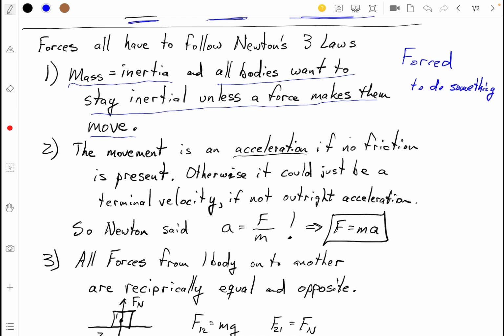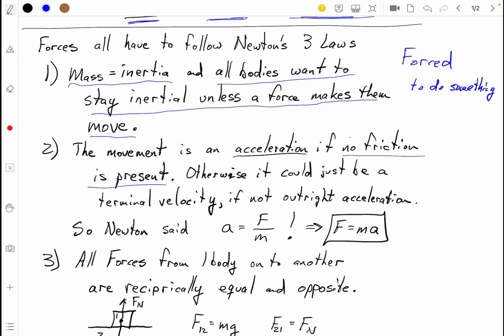Okay, so forced to do something. This is a force, and the force is making them move. Okay? Great. Otherwise, they would stay still. Number 2, the movement is an acceleration, of course, if there's no friction present. So we don't want friction to be present. In that case, we can call it an acceleration.